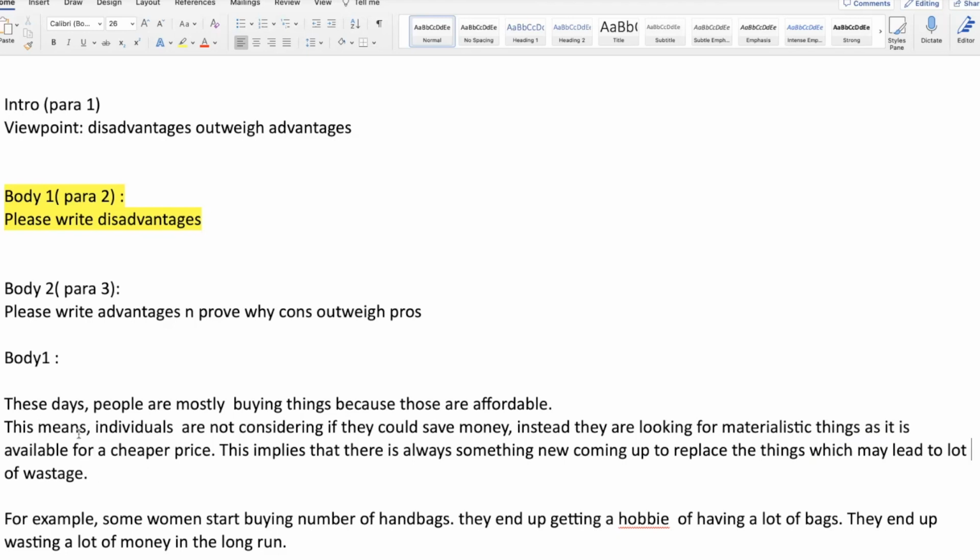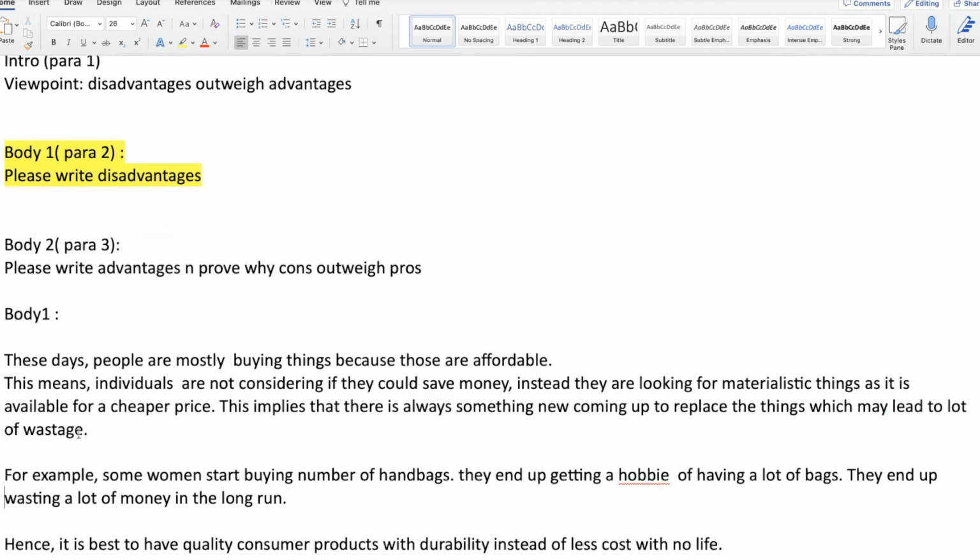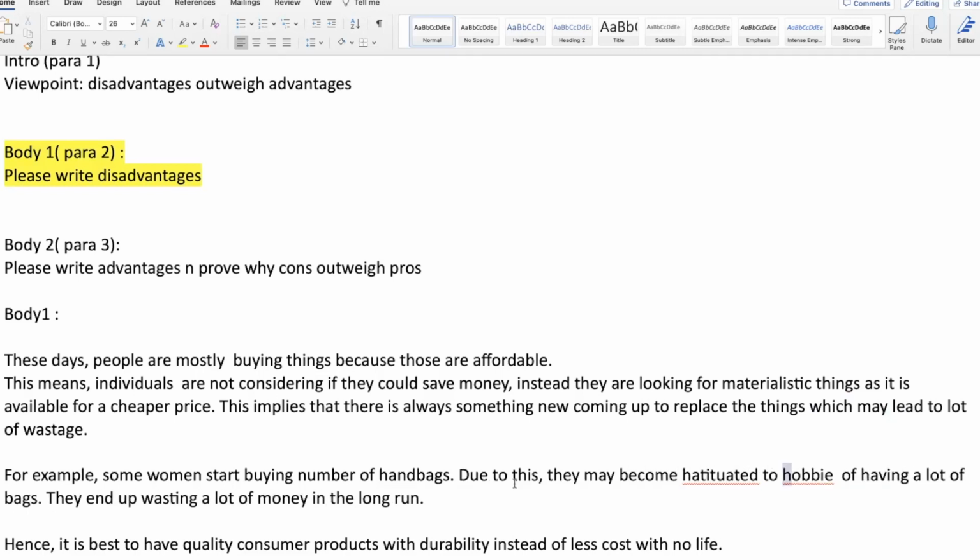Don't try to write so many sentences. Now you have to prove how it will lead to a lot of wastage. If you've written that, I'll give 7. For example, some women start buying a number of handbags. Due to this, I need linking words. They may become habituated to having a lot of bags.